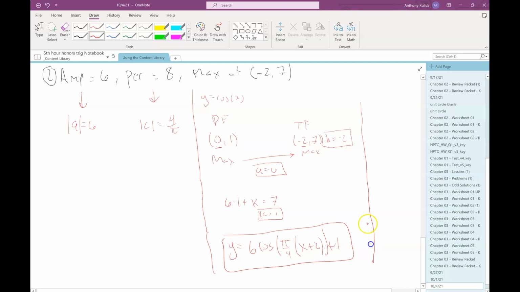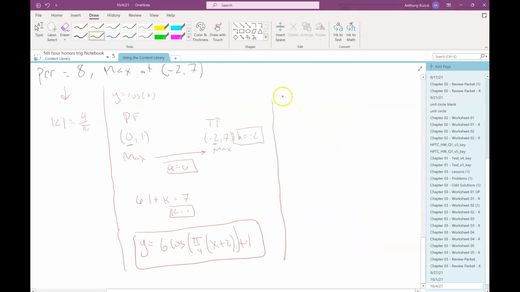What if I had instead chosen to use sine, which is still fine? Can I use 0, 0 as my parent function point? No. Because I have to match this point to an extreme point.